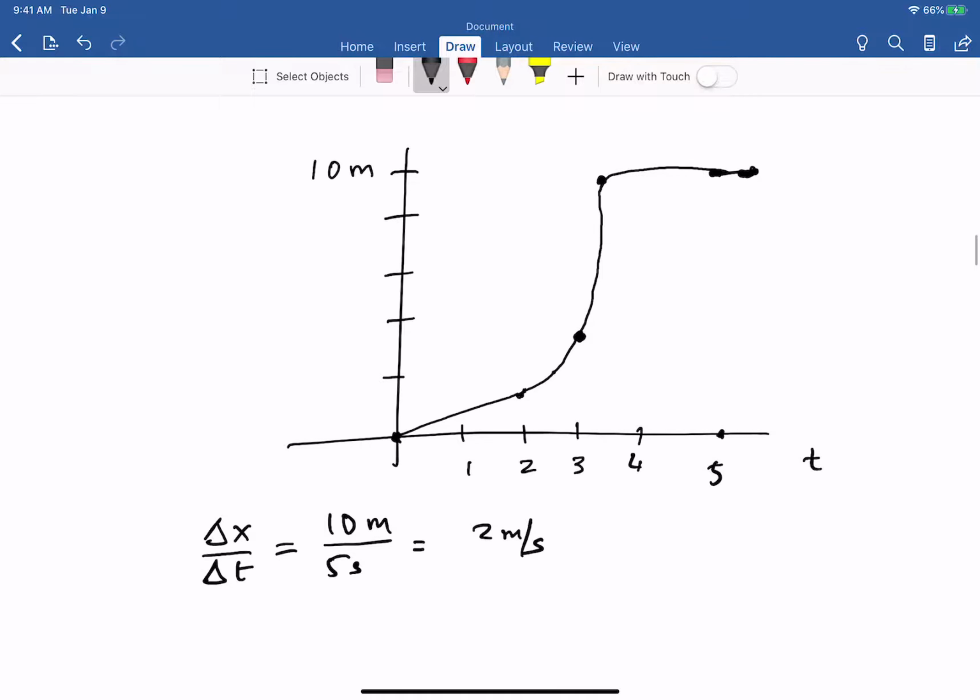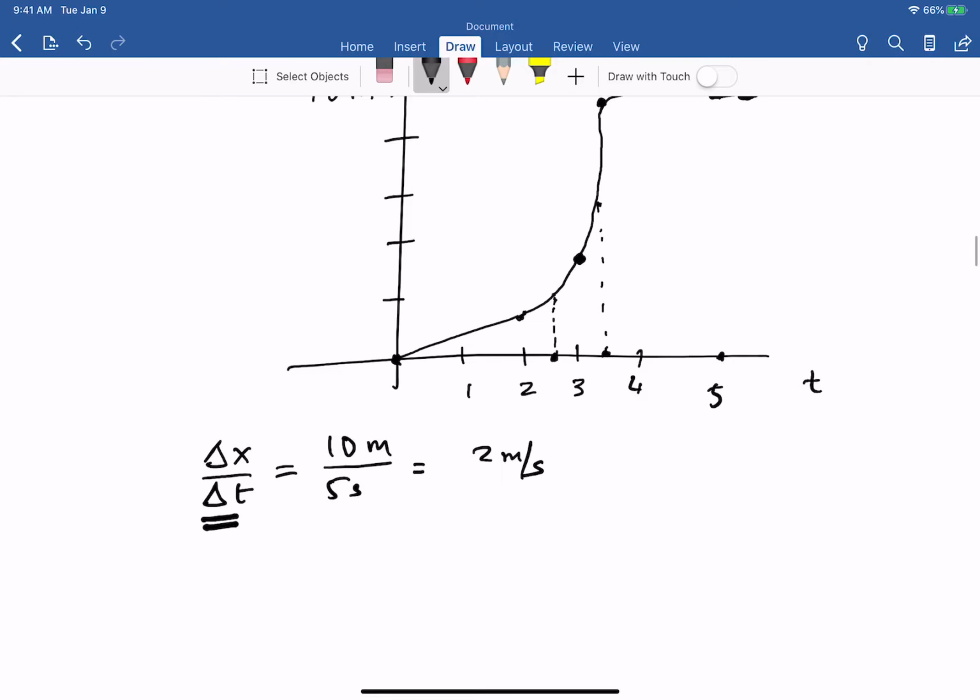So it was not a good idea to take such a wide interval of 5 seconds for delta t. Something that would be somewhat better is if we took a shorter interval. So maybe we could just take the interval from 2.5 seconds to 3.5 seconds. So in that case, let's see what we get.